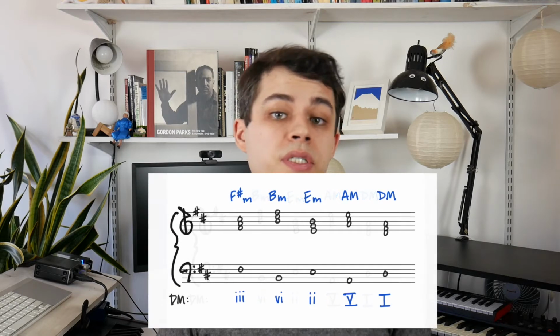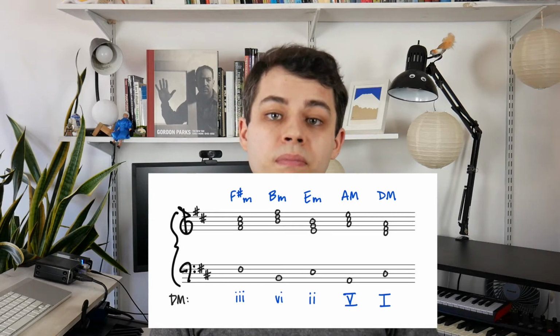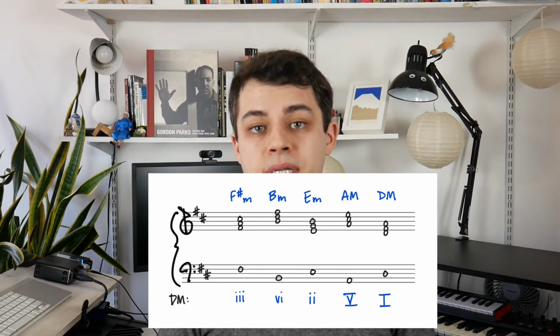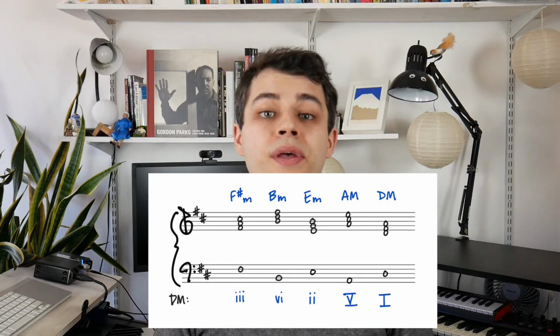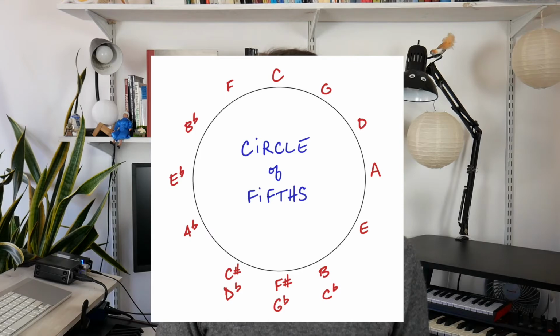In fact, our textbook has us practice writing a slight variation on the minor 3, minor 6, minor 2, major 5, major 1 progression. You may also notice a familiar pattern starting to take shape here. Since these chord roots are linked by a progression of fifths, you'd be right to be reminded of our old friend, the circle of fifths.